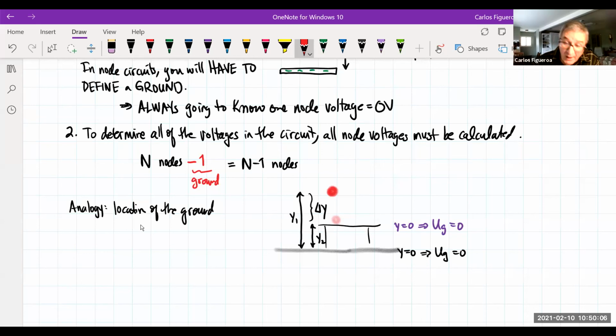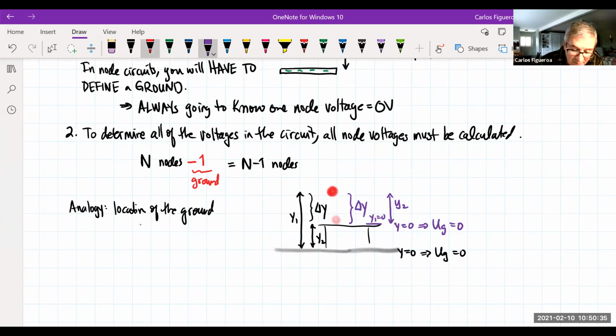Or I could do the following. I could say y1 is 0, and then this height from here to here is really y2 with the purple. But when I look at the potential difference here, these two are the exact same height change.